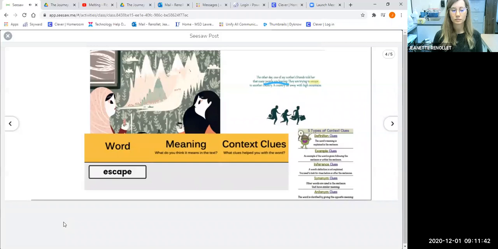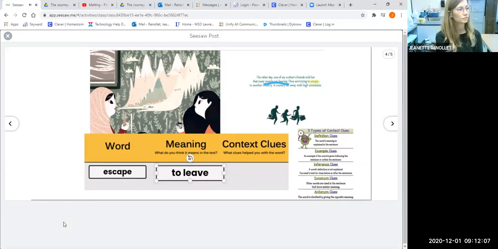So I know that people are leaving, so I can infer that escape means to leave. I think escape means to leave.